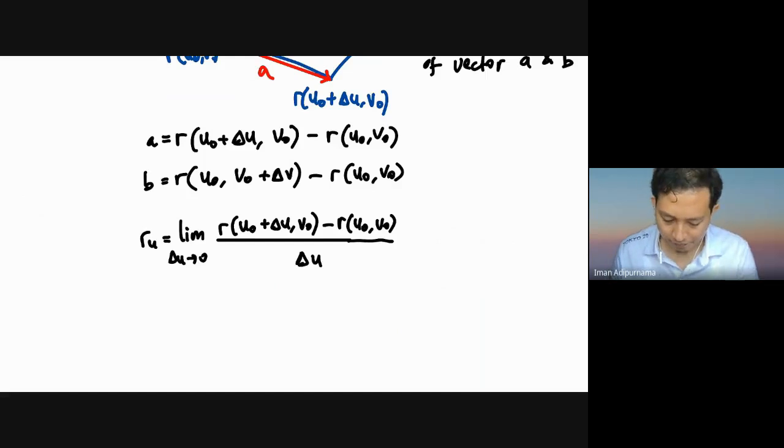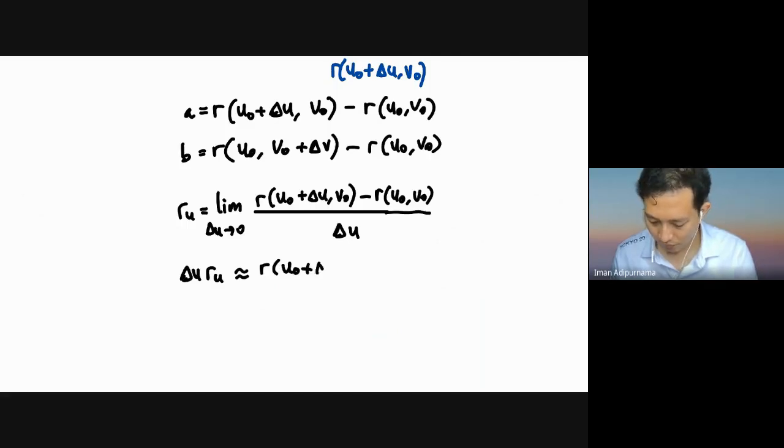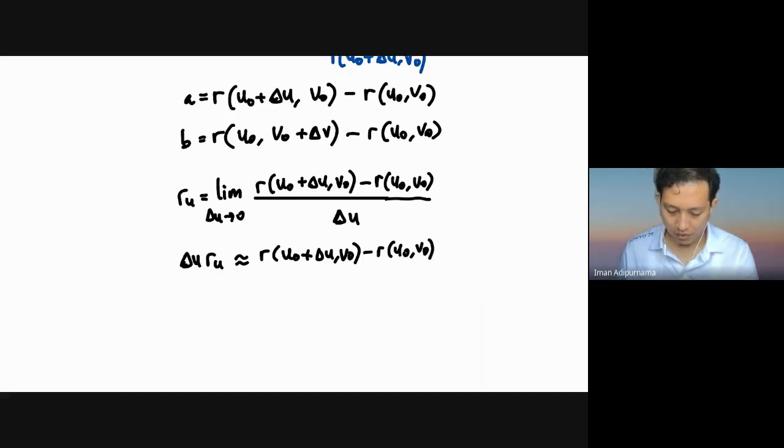And from here, we will get that approximately delta U RU will be equal approximately to this.